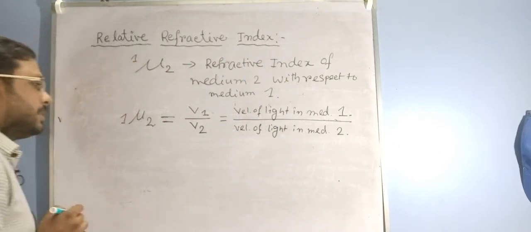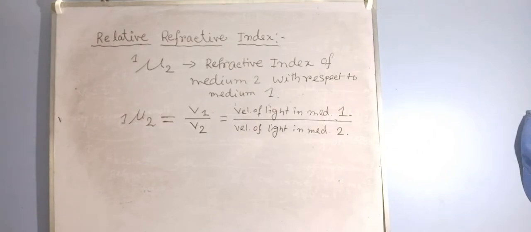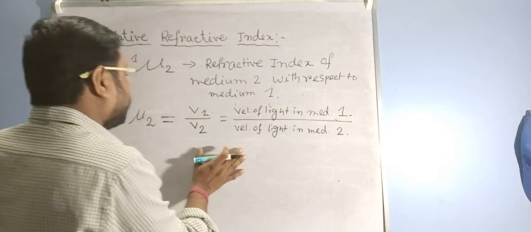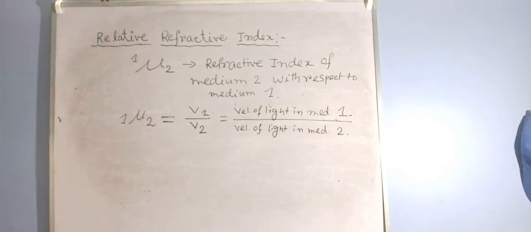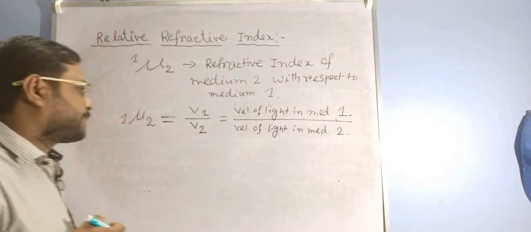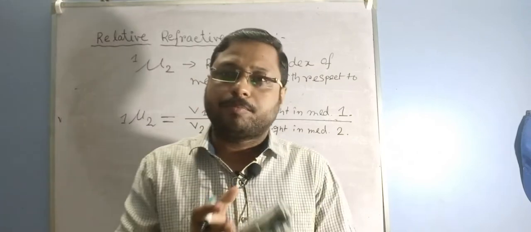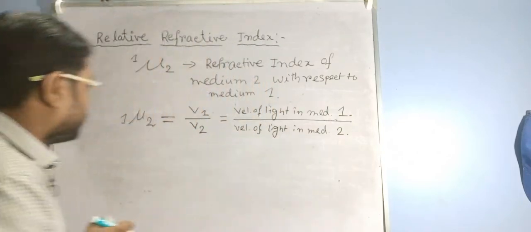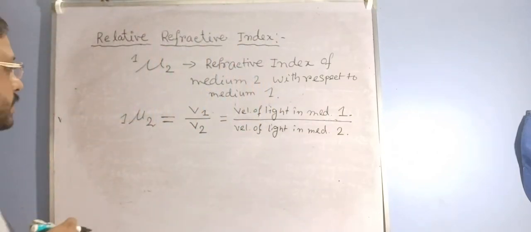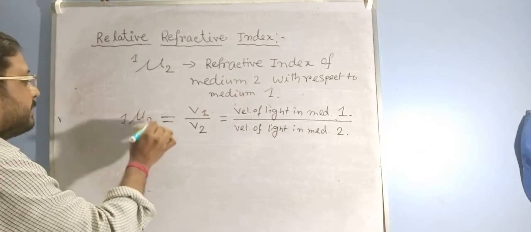V1 by V2 equal to this. इस फॉर्मूले से हम समझ सकते हैं कि क्यों लाइट रे मूव करता है. सो दिस इज द रिलेटिव रिफ्रैक्टिव इंडेक्स.